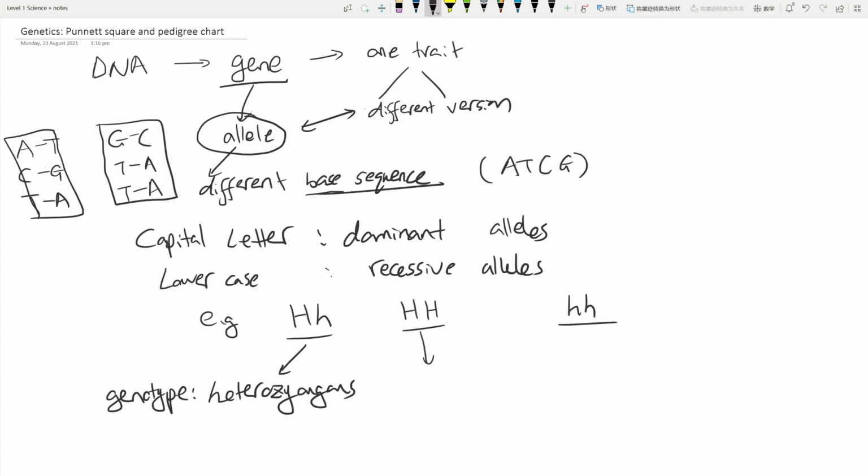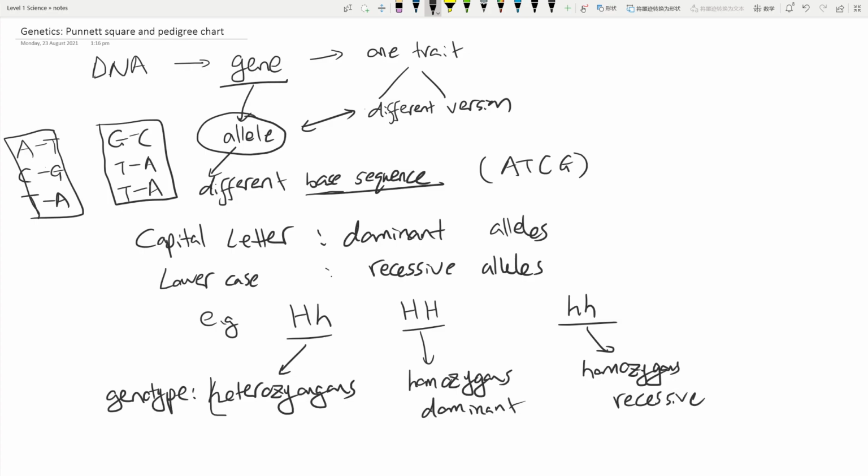When you have two capital H's, this is homozygous dominant. Homo means the same, so homozygous dominant means I have two dominants. Two lowercase h's is also the same, so it's homozygous recessive, because I have two recessives.